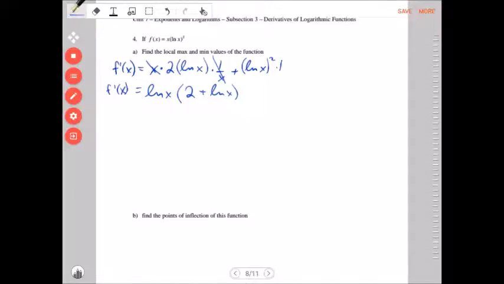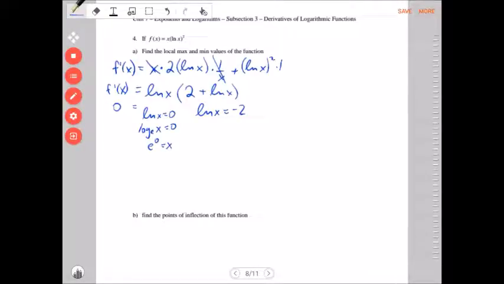Now to get the critical values, we want that first derivative to equal 0. Okay, so that's when ln x equals 0. And you also get when ln x equals negative 2. So in order to solve these, it's easier if we base e: e to the 0 equals x.